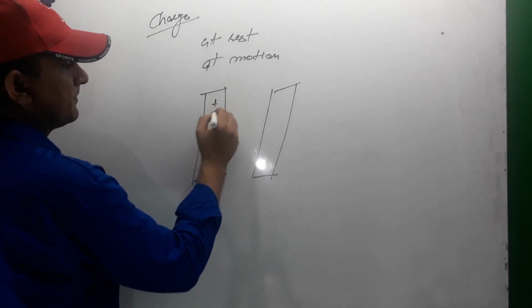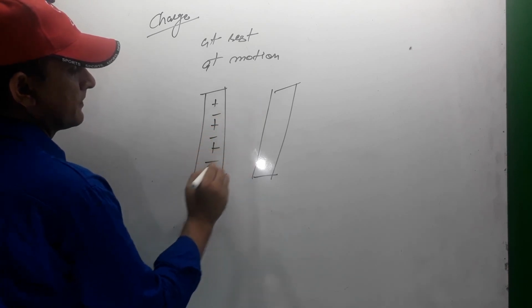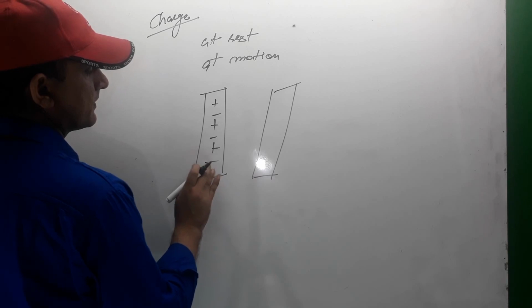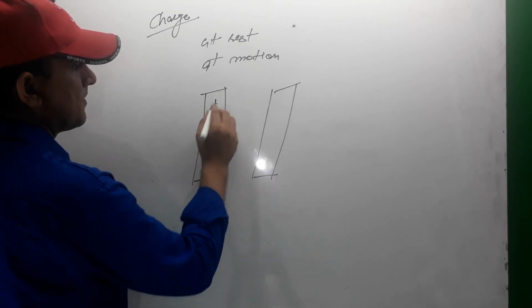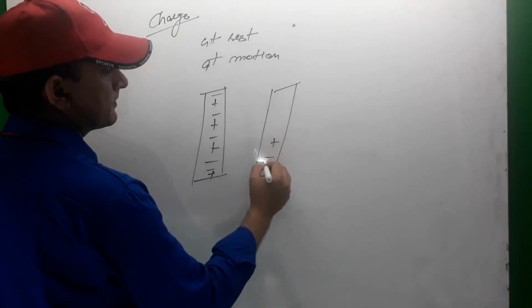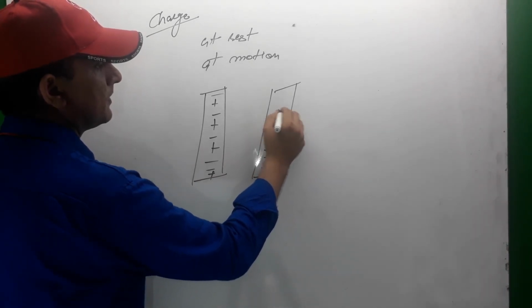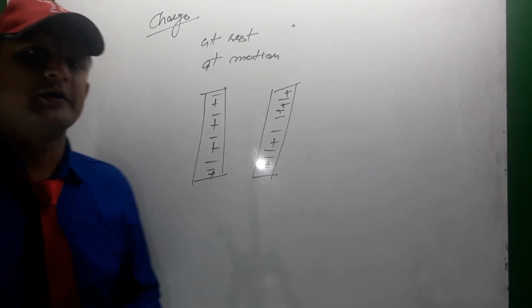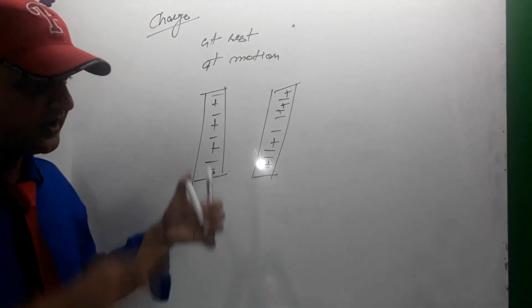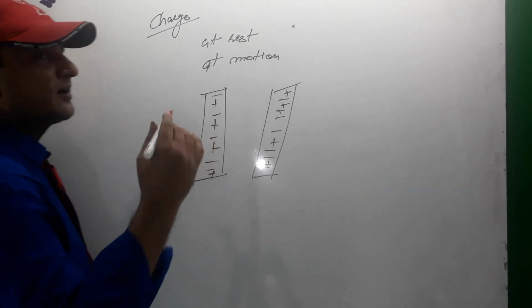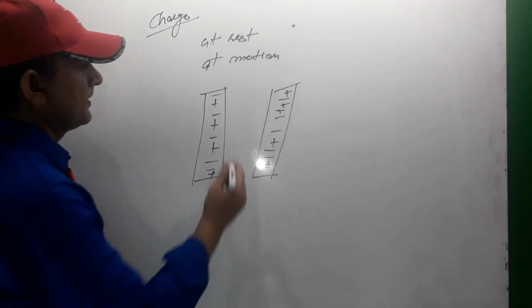For example, here are two bodies. Now you have to detect. So simplify, only count the positive and negative.